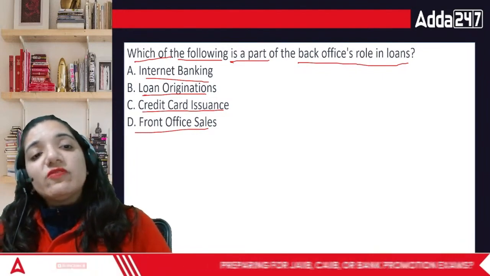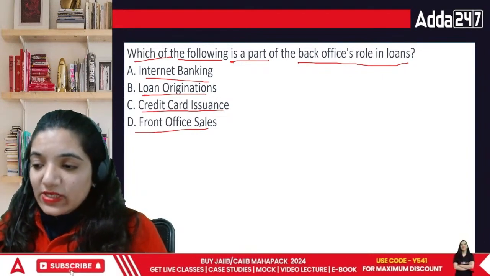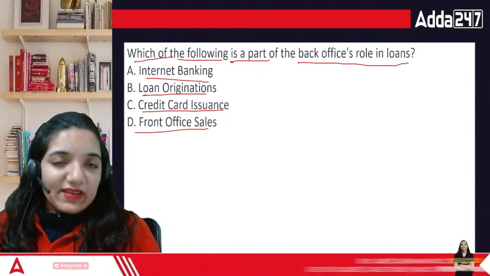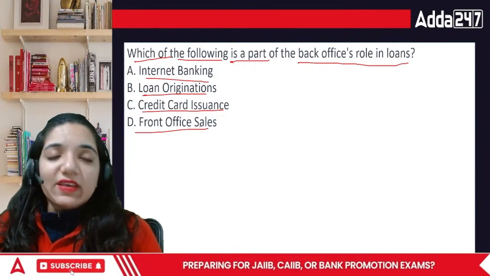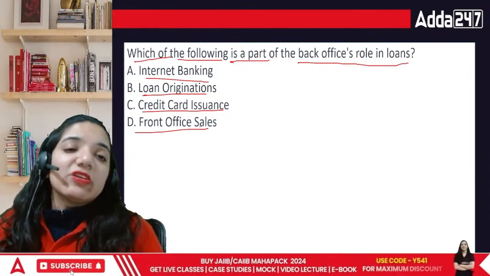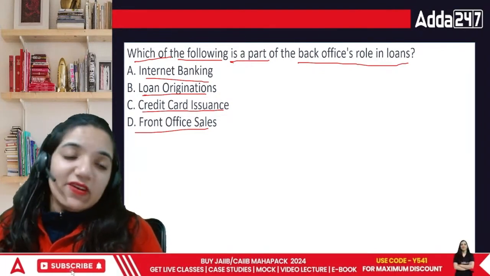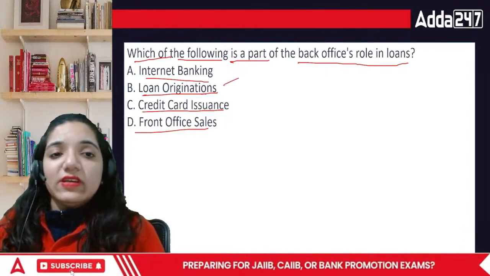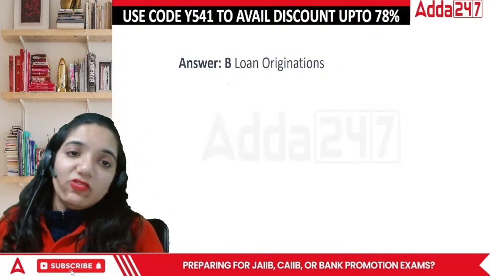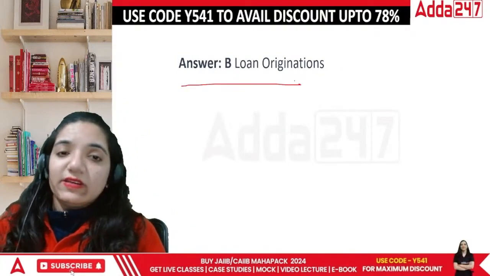In terms of loans, the issuance of the loans, their agreement, their entire hypothecation process and everything is taken care of from the back office itself. So they are taking care of the loan origination. So the answer is loan origination.